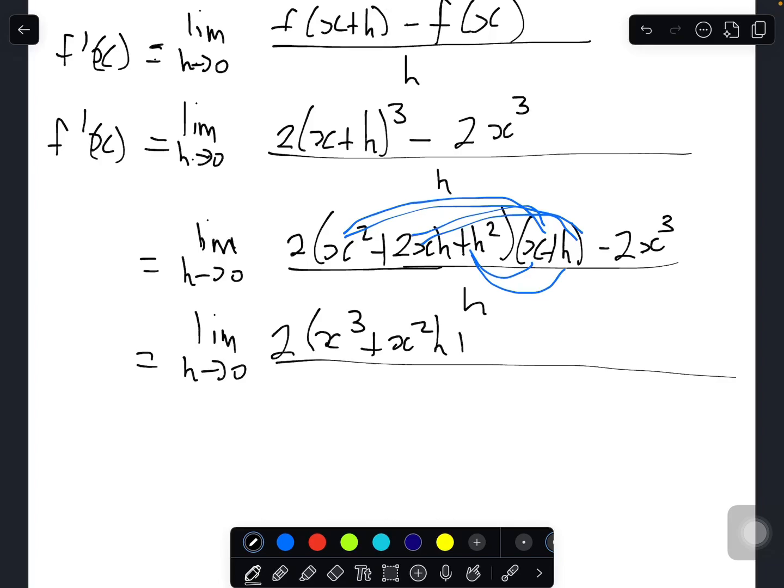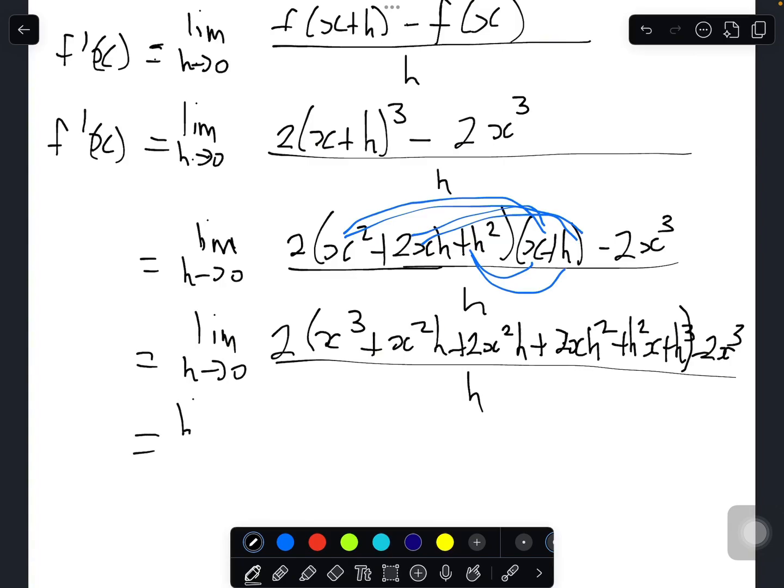Then I'm going to get plus 2x squared h, plus 2xh squared, plus h squared, x plus h to the power 3 minus 2x to the power 3, all over h.